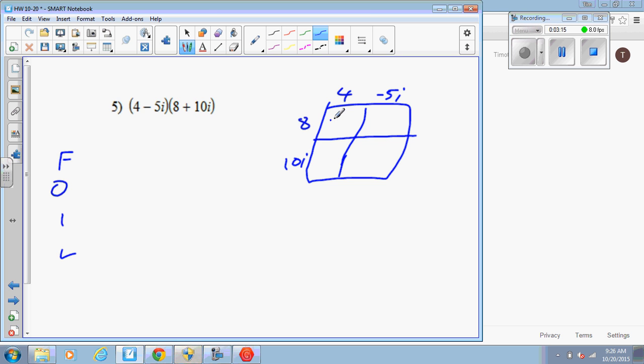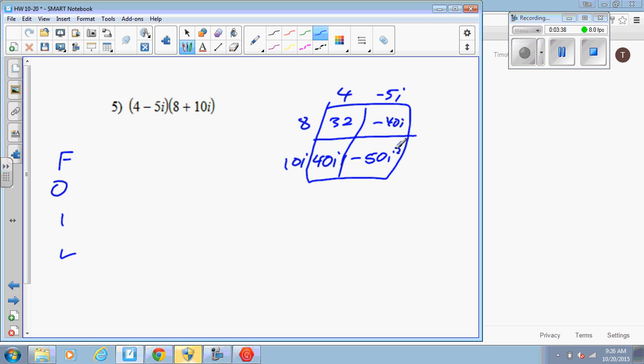8 times 4, that's 32. 8 times negative 5i is minus 40i. 4 times 10i, that's plus 40i. And this is going to be, what is this going to be? Minus 50i squared.